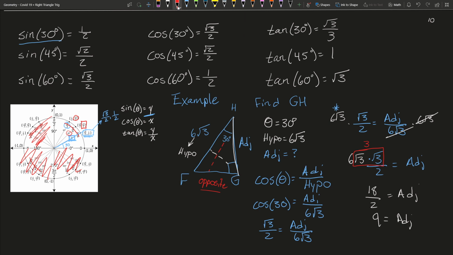Okay. Or cosine. That's what we did. We did cosine of 30. That's rad 3 over 2. And then we solved from there.